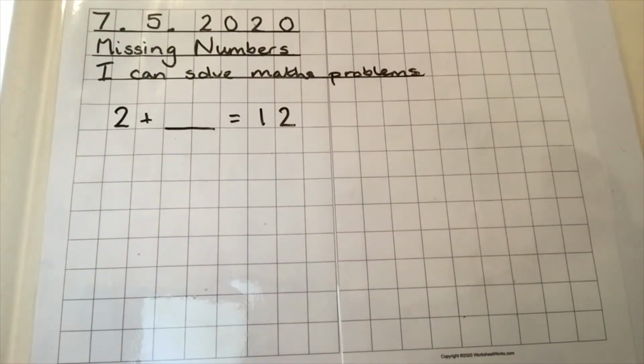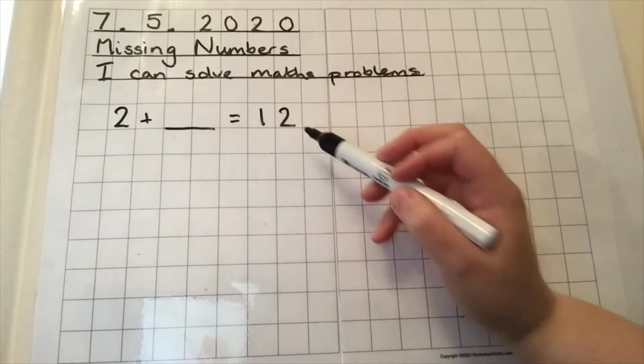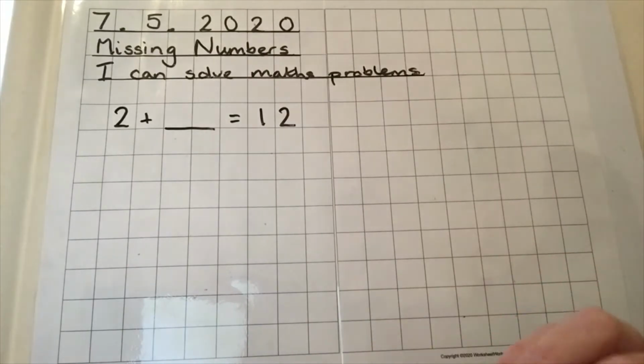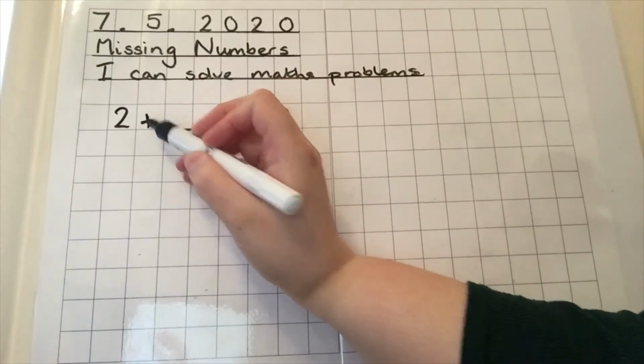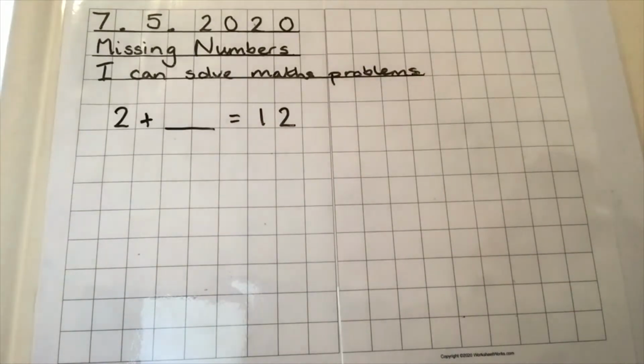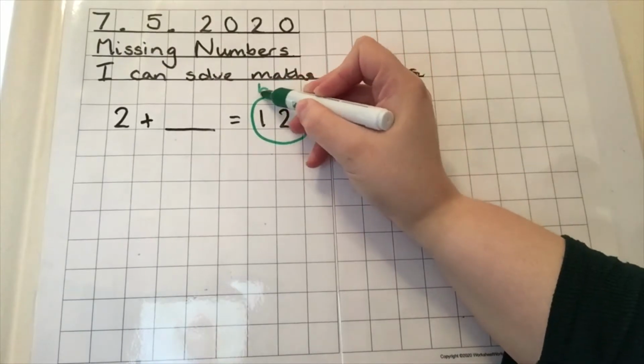So what I need to do is get the missing bit after the equals, because I know how to do it if it's after the equals. So I need to think of my fact families. Now, this is an addition, which means the number at the end is my big number.